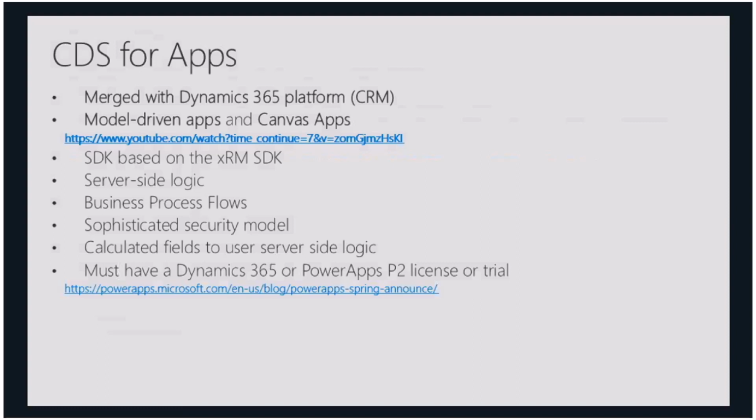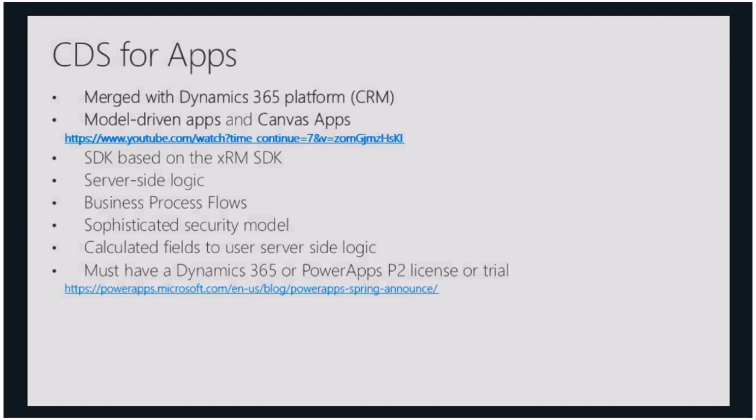A few words on what else we can do with CDS for applications and how we can use the data that you move inside that CDS. First of all, now you have two types of applications that you can create. One of them is model-driven applications, which are for more complex parts, where you can use the full suite of CRM development tools in order to develop them, and canvas applications, which are more lightweight applications.